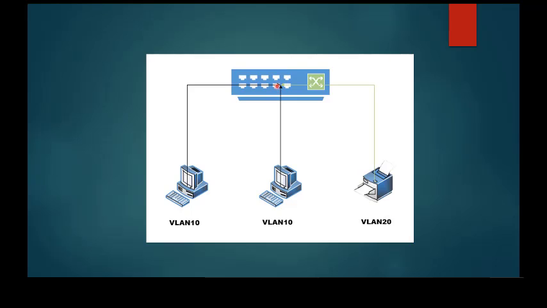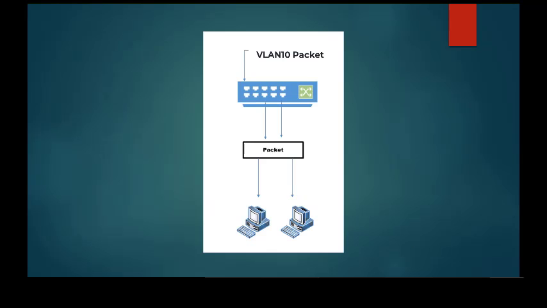So at the port is where that VLAN tagging is stripped. A packet that's on VLAN 10 comes into the switch and hits those two ports that are part of that VLAN. It sends that packet down to both of them. If it's a broadcast packet, it knows exactly which MAC address to route to the correct computer.